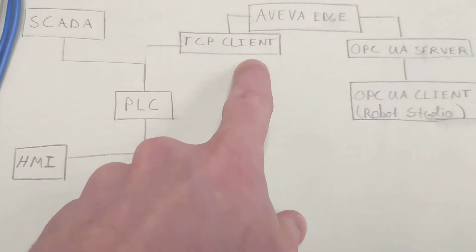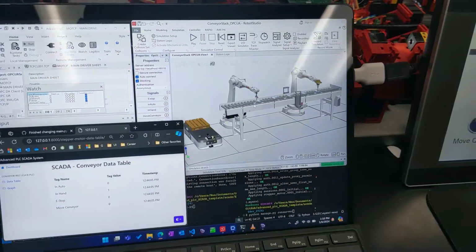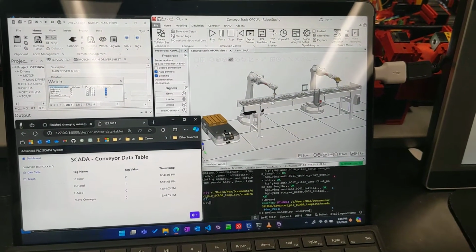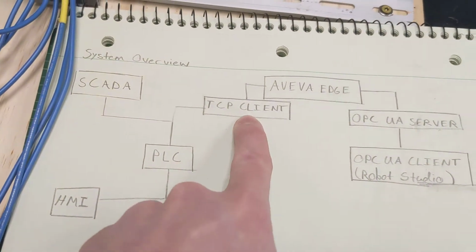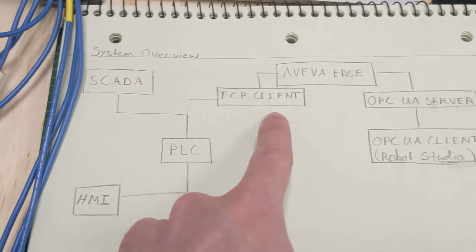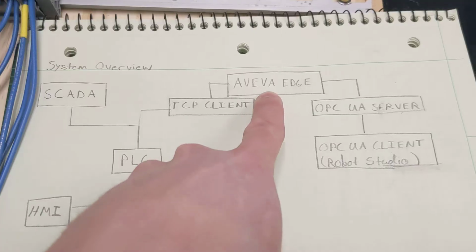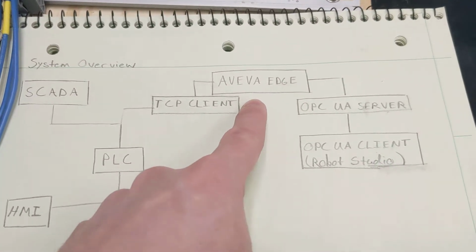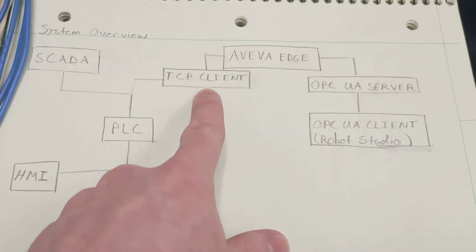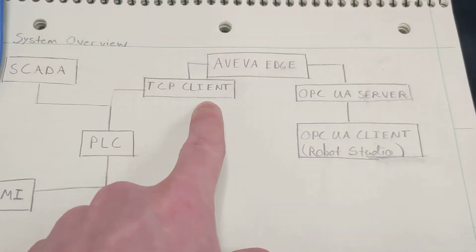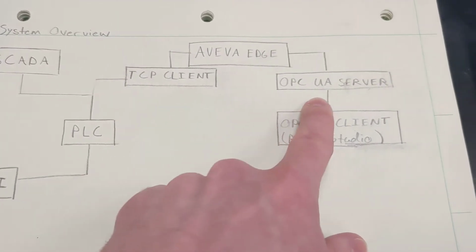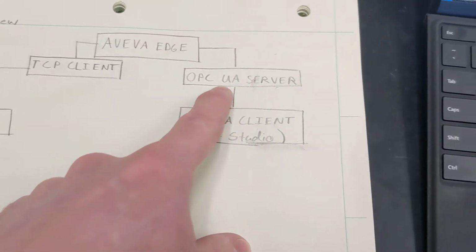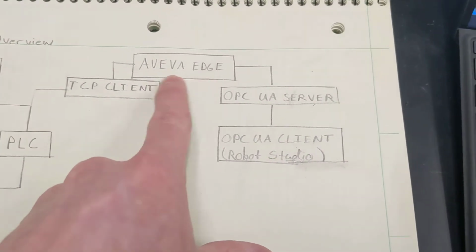And then the tricky part is to get Robot Studio to communicate with the PLC, we first have to send a MODBUS TCP message, or use a TCP client rather, within this software called Aviva Edge. Aviva Edge allows us to communicate via MODBUS TCP, and then we can communicate that MODBUS information to what's called an OPC UA server, also under Aviva Edge.